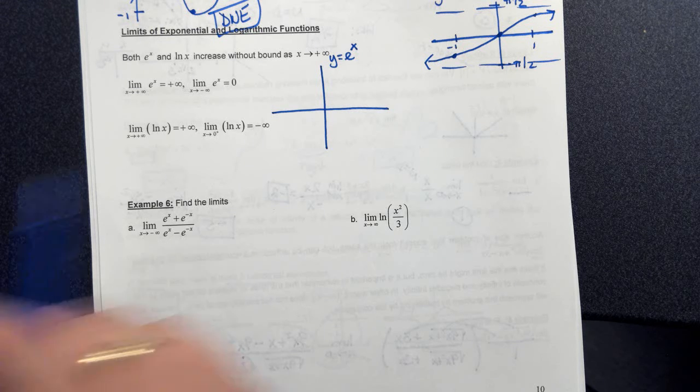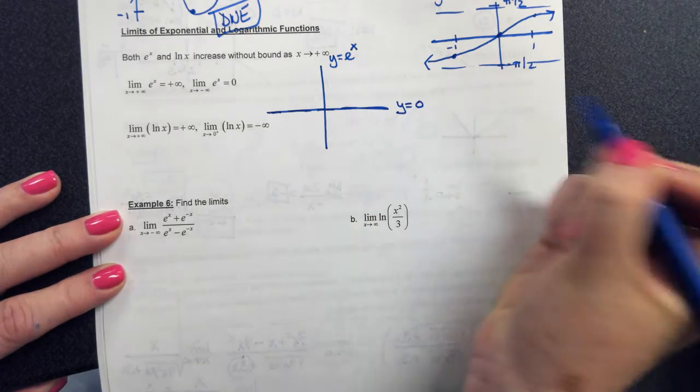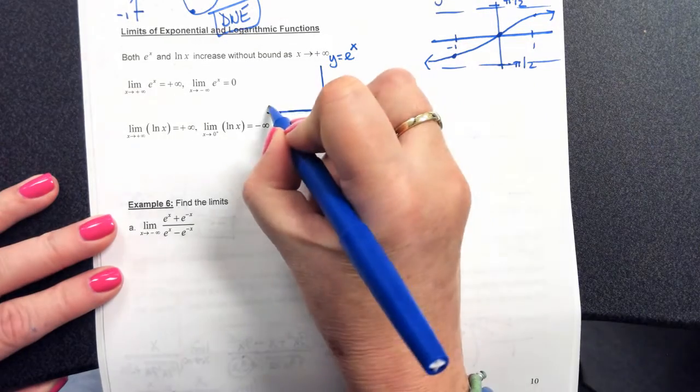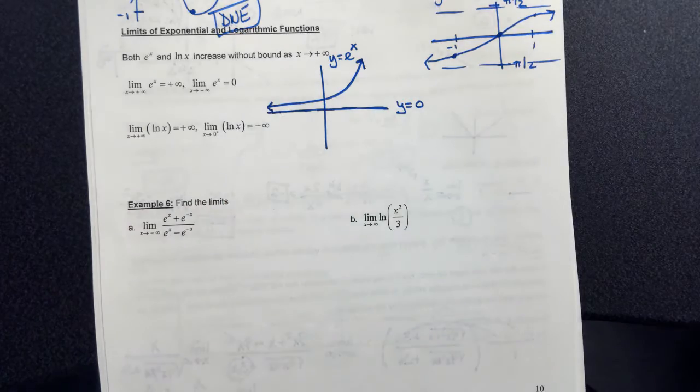Yes, where is it? 0. Remember, they have a horizontal asymptote at y equals 0. And remember, whether you have an e to the x, a 4 to the x, or a 5 to the x, the end behavior is the same. You have a horizontal asymptote at 0, and then it's going to increase without bound for all the parent functions.